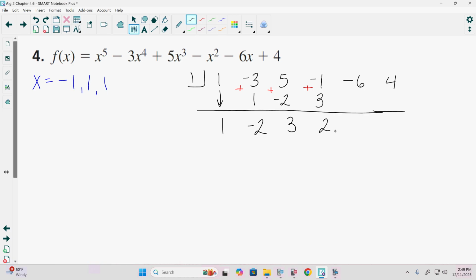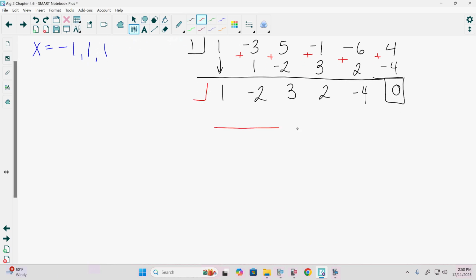Almost. 2. 1 times 2 is 2. -6 plus 2 is -4. 1 times -4 is -4. And 4 plus -4 is 0.